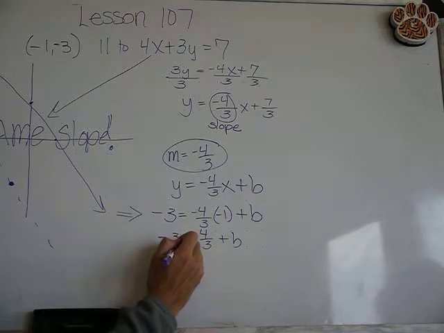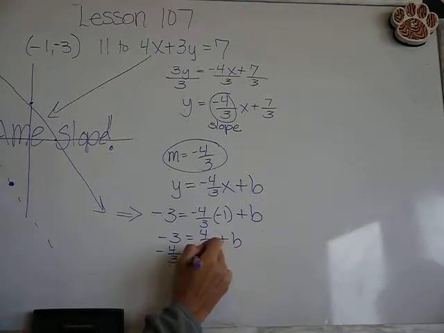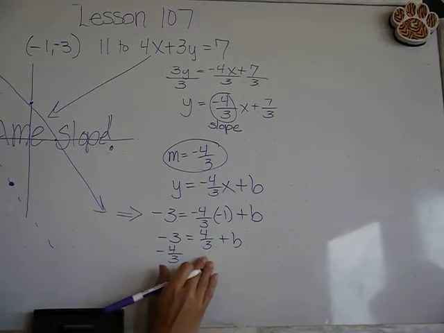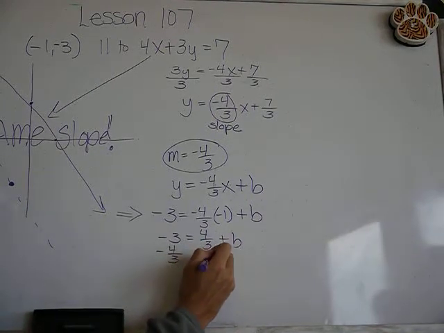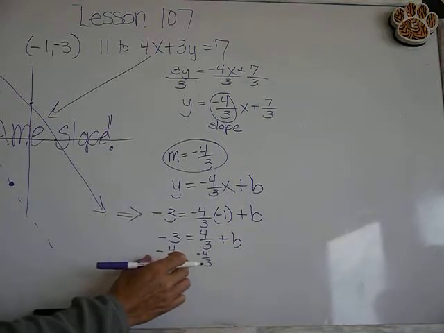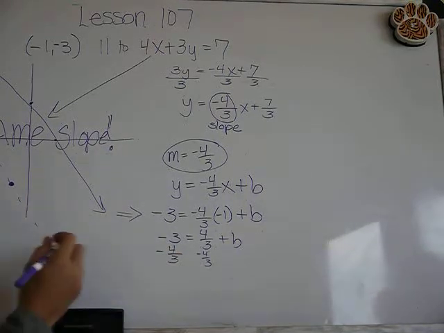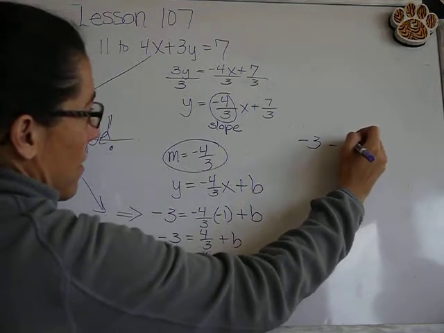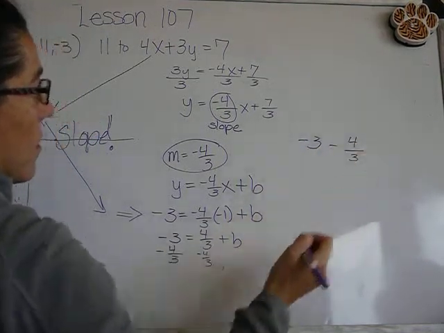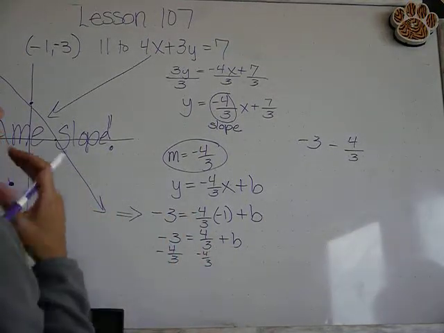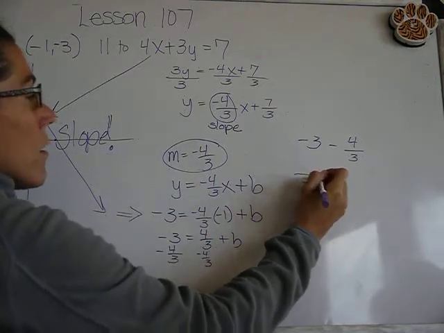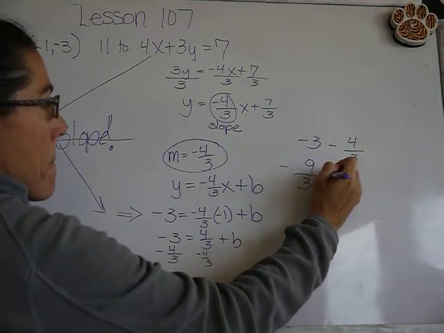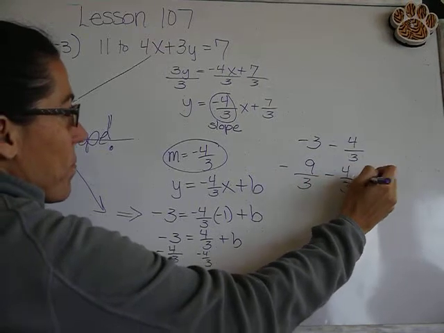Then we have to subtract that from 3. So it just goes back to being negative. I'm going to do it on some scratch. Negative 3 minus 4/3. Negative 4 and 1/3.